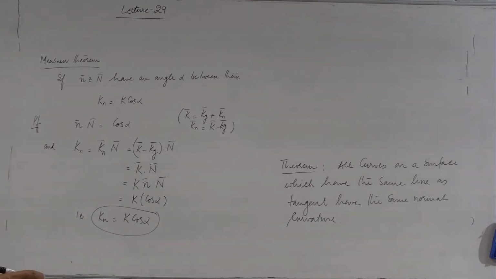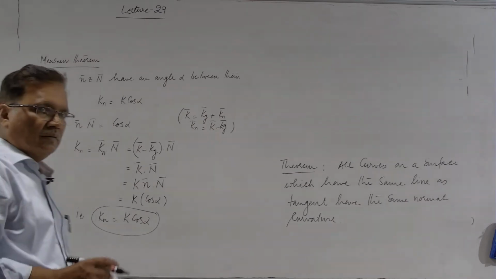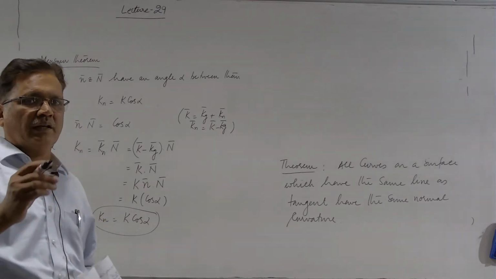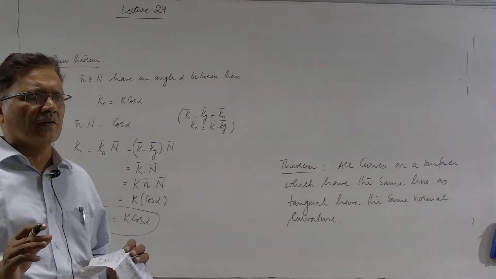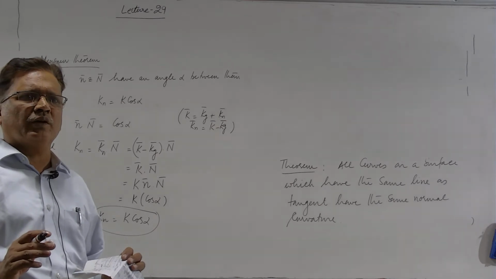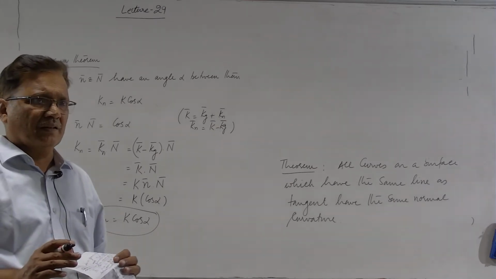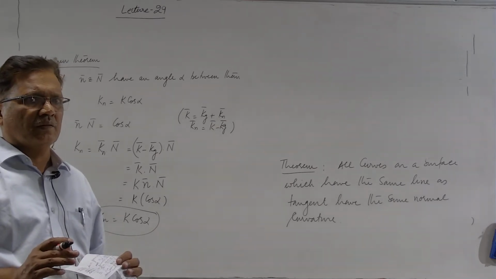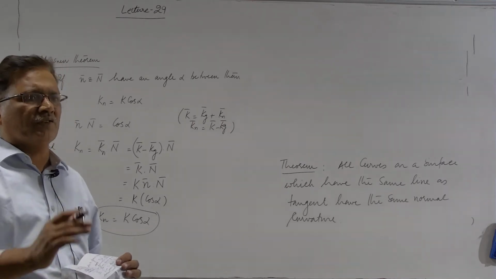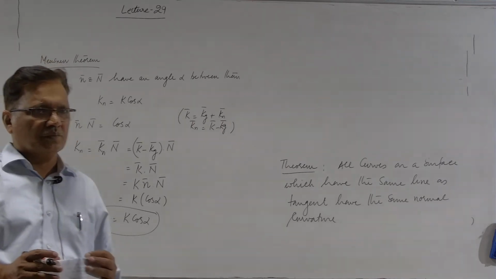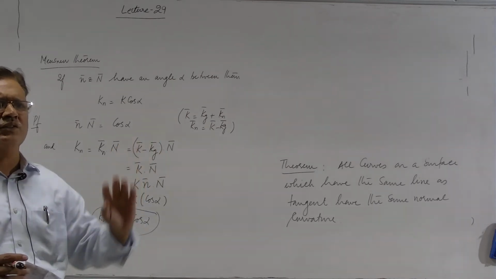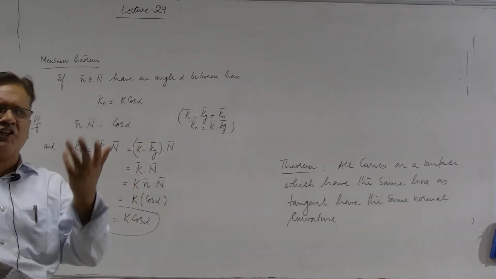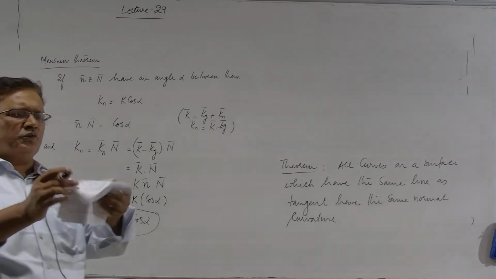So this is what the Meusnier formula is, and this is a simple proof of this fact. T and small n lie in the osculating plane. Capital N is perpendicular to the surface, which means it is perpendicular to the tangent to the curve. But small n has nothing to do with capital N. Small n will change direction.